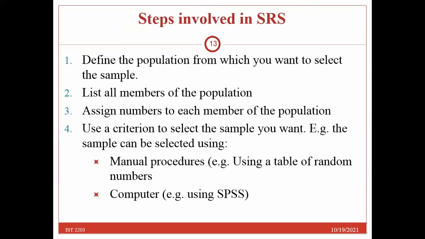So steps involved: define the population that you want to select the sample from, list members of the population, assign numbers to each member of the population, and then use a criterion to select. I think you saw that in the video. He explained the manual procedure of using a random table, or you can use a computer to tell you which numbers you shall select.